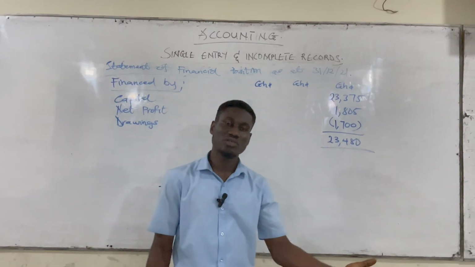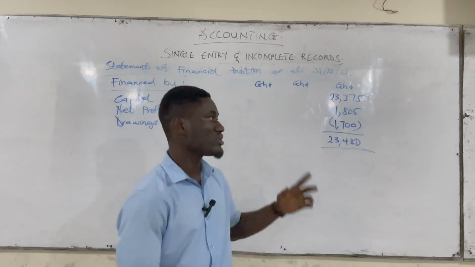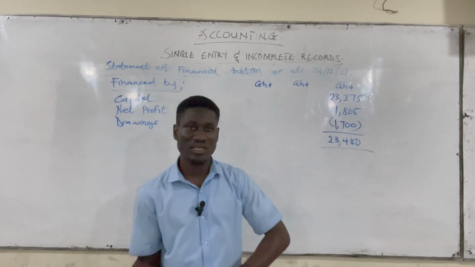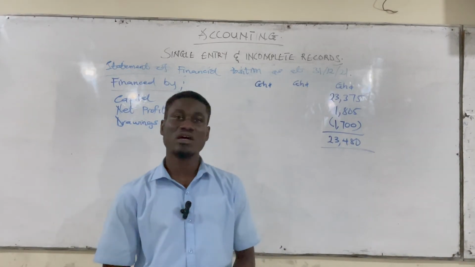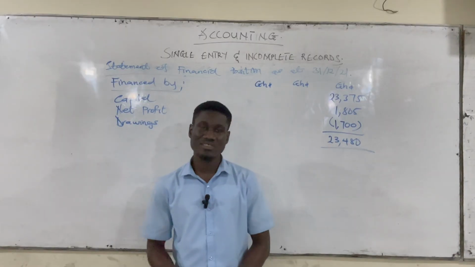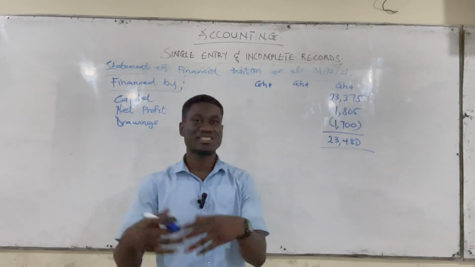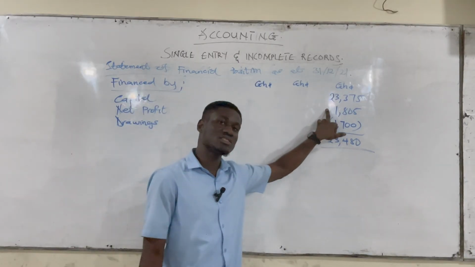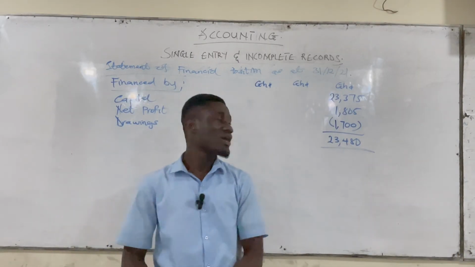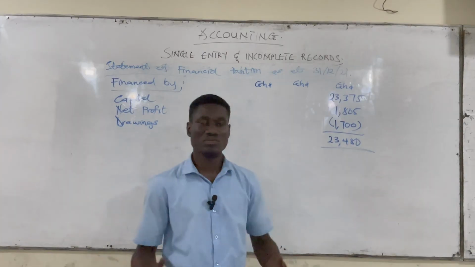With the credit sales and credit purchases, you send them to the income statement to compute your net profit. With that net profit you send it to the balance sheet at the financed by, and you are getting your totals to be balancing.